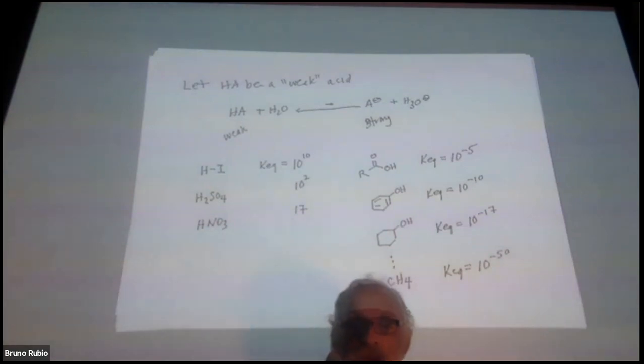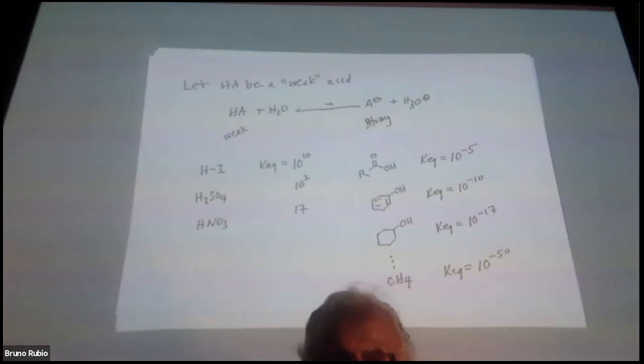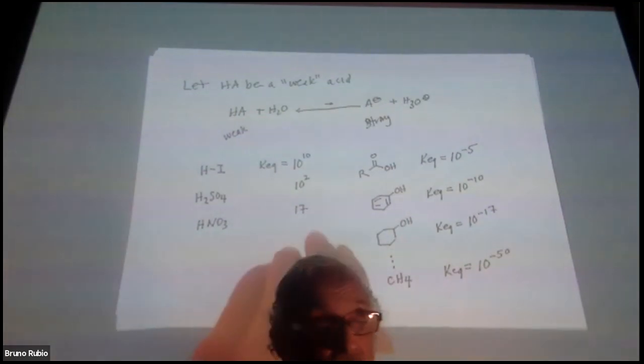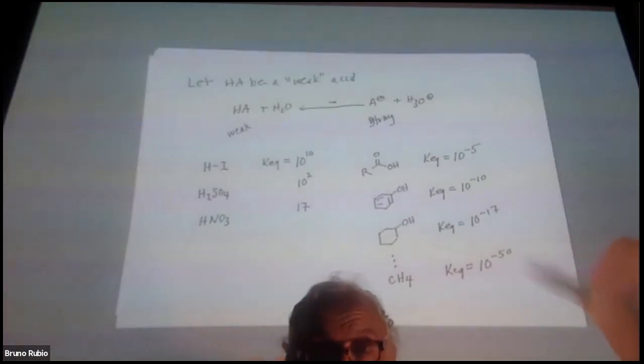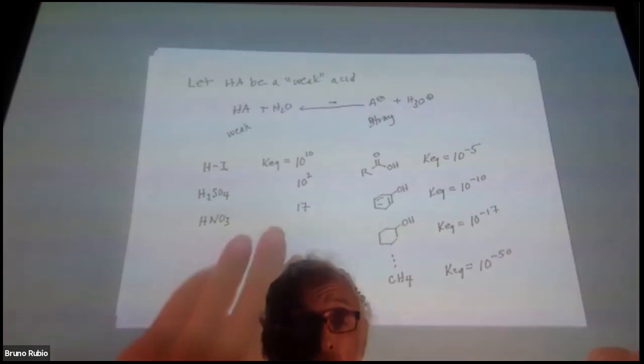So the range of acid strength varies enormously. We don't like to use scientific notation. And because of our aversion to powers of 10 and exponents and that kind of stuff, we would rather be dealing with small whole numbers or smaller numbers.